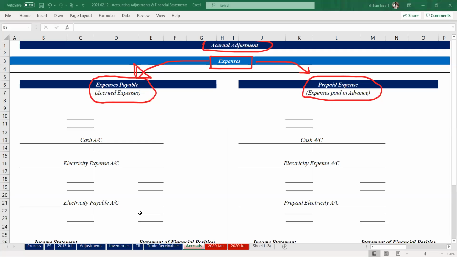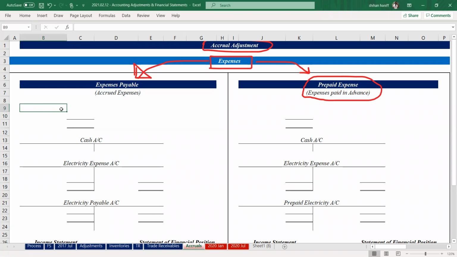So let's start with expenses payable. Write the heading expenses payable, accrued expenses within bracket.